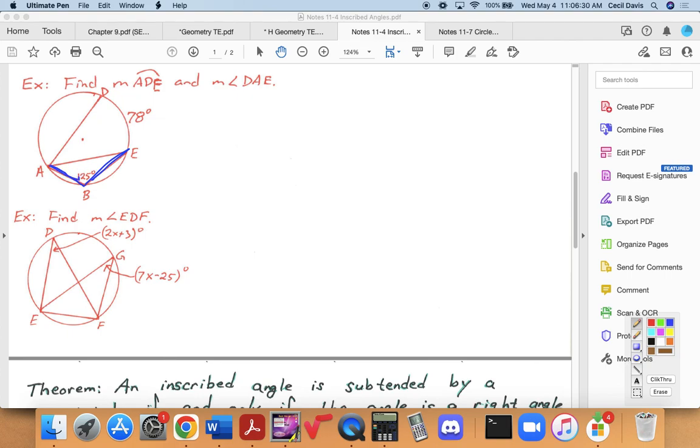What it catches is going to be, the angle is going to be half of the arc. So if 125 is half of the arc, what do we have to do to find the whole arc then? Yeah, multiply by 2. You don't have to write all that out when you're doing problems, but this is what's going on. The measure of arc ADE is 250 degrees.